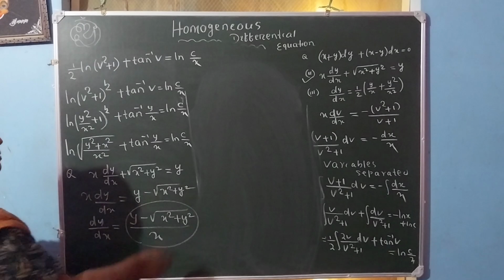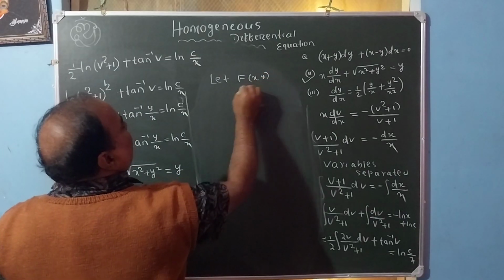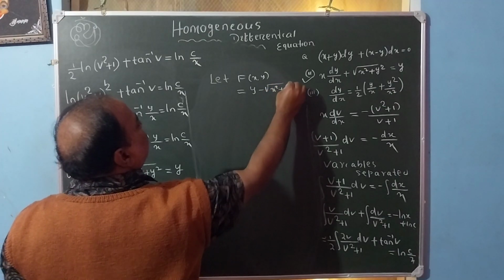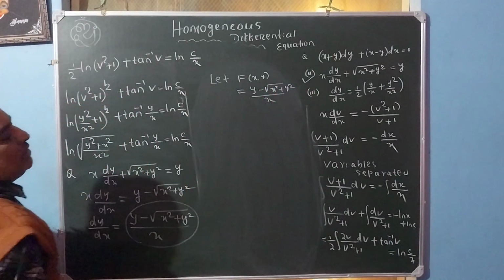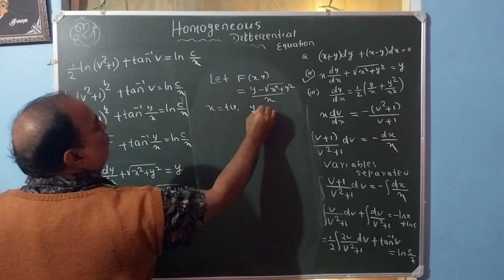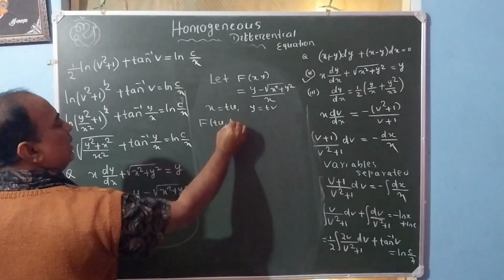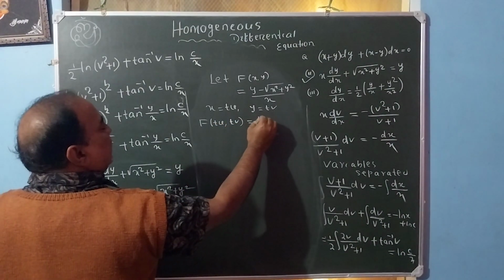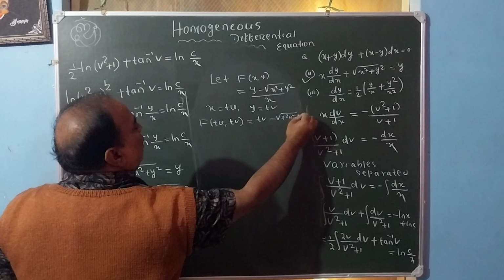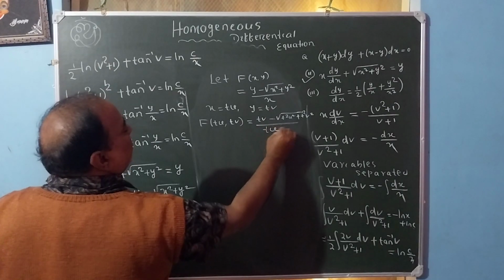Take this as f of x, y. Let f of x, y be y minus root over of x square plus y square, by x. Always put x is equal to tu, y is equal to tv. Then f of tu, tv is equal to tv minus root of t square u square plus t square v square, divided by tu.